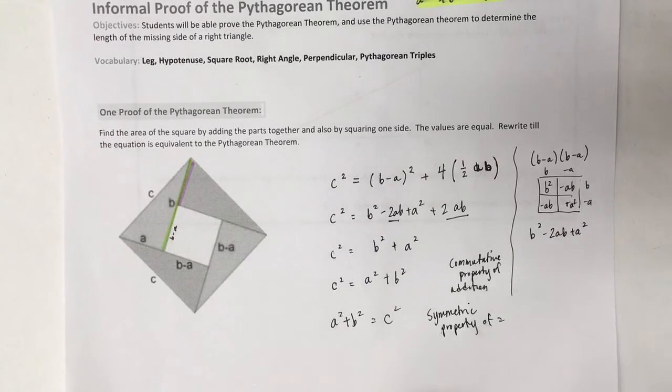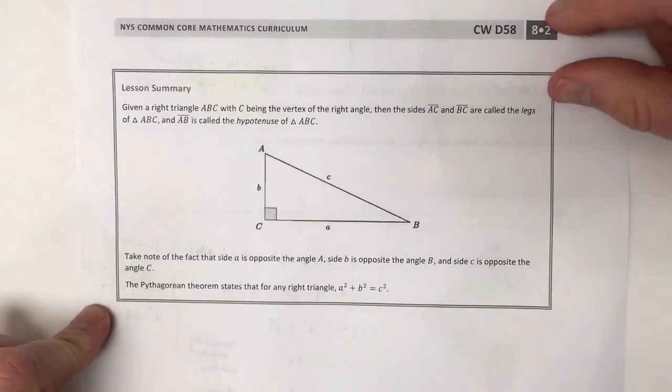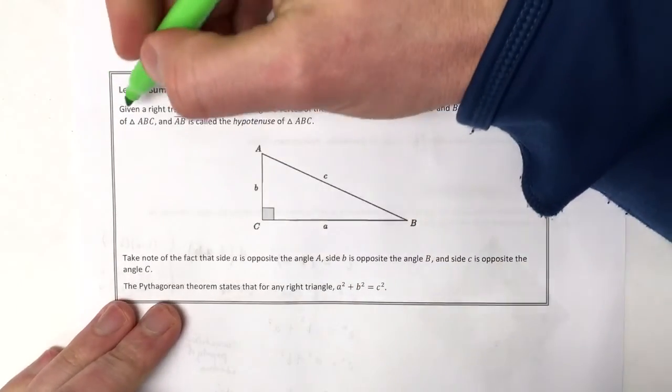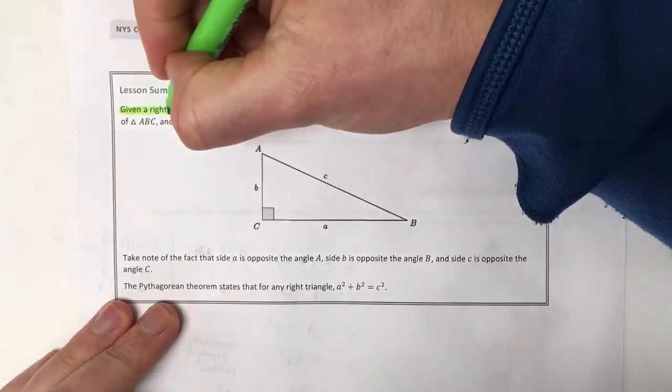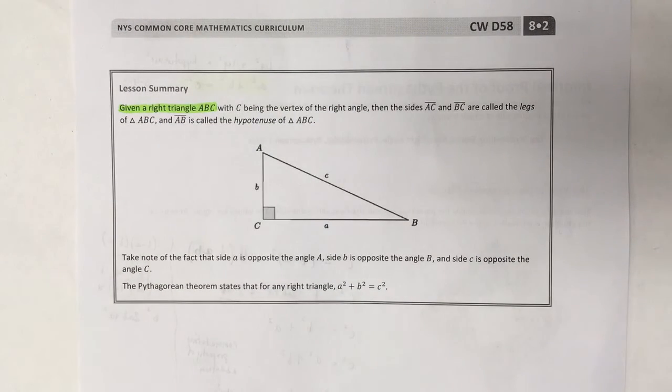You can look it up on the internet if you really want to. The last thing I want to do is look at some of the takeaways or lesson summaries that you really want to guarantee. The first thing I want to make sure we understand is that I'm given a right triangle. The rest of this does not work unless I am working with a right triangle, and that's important to understand.